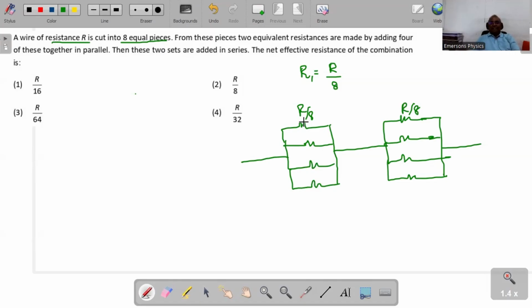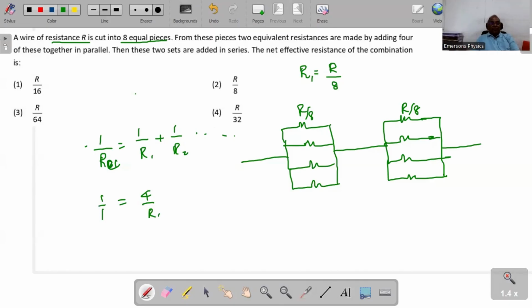Okay, when they are in parallel, we take this combination: 1 by R effective 1 is nothing but 1 by R1 plus 1 by R2, and so on. Everything is equal, so it can be written for 4 resistors as 4 by R1.